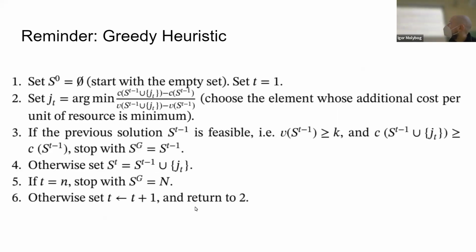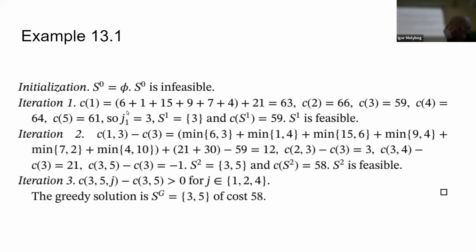So we only care about the difference between the objective function after we have added an element and before we have added the element. This is essentially what is written here. So C of {1,3} minus C of {3} is the difference between the objective values in the two cases, before we added 1 and after we have added.